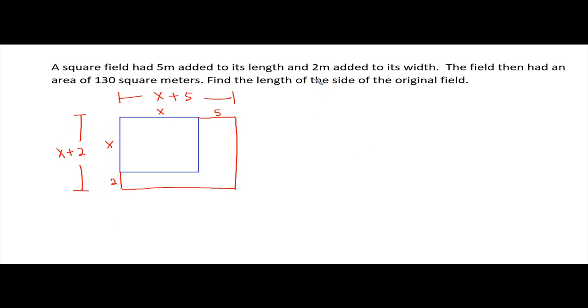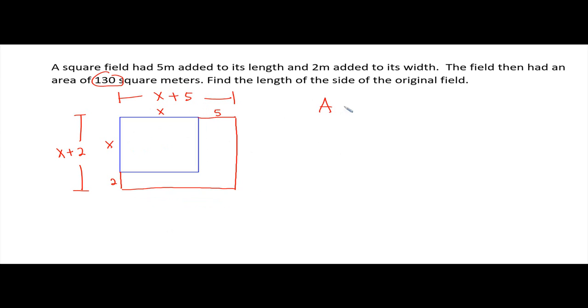Now, it says once the sides were increased, the field then had an area of 130. So the area of this whole big field now is 130. You need to read the question carefully and think, is it saying the area of this whole thing now is 130, or did it just increase by 130? Be careful about that with these questions.